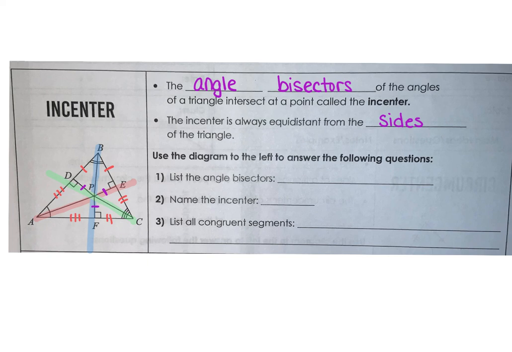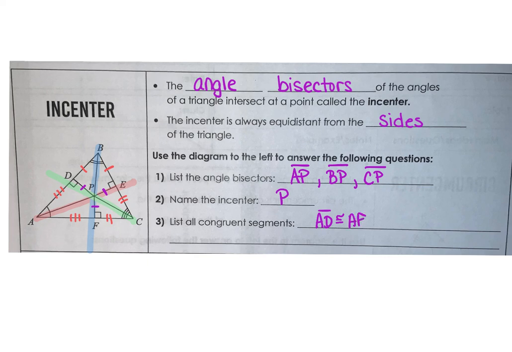So my angle bisectors then would be from A to P. That's an angle bisector. From B to P, that would be an angle bisector. And from C to P, that would be an angle bisector, which means my incenter is the point P. My incenter is the point P. And then my congruent segments are created from my vertex to each piece here.